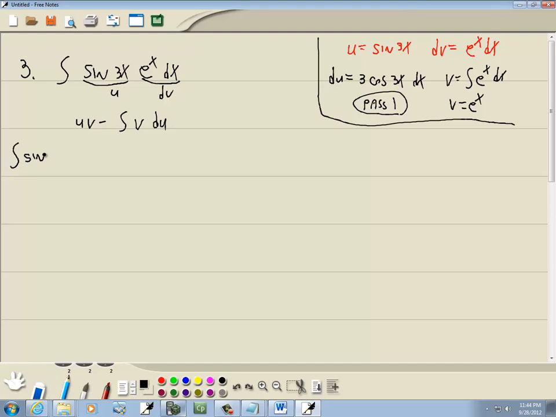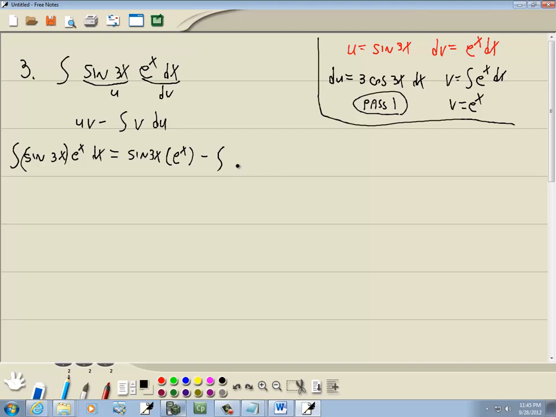We've got the integral of sine 3x e to the x dx is equal to u, which was sine 3x, times v, which was e to the x, minus the integral of v, which was e to the x.